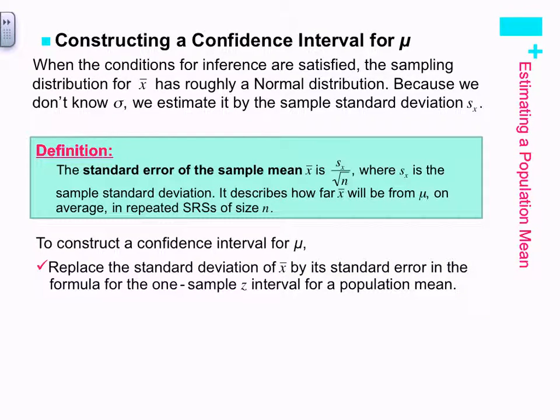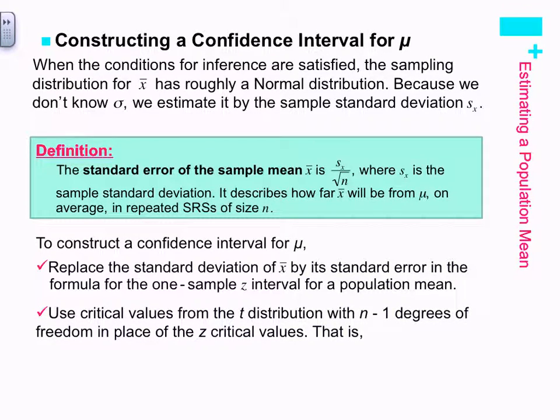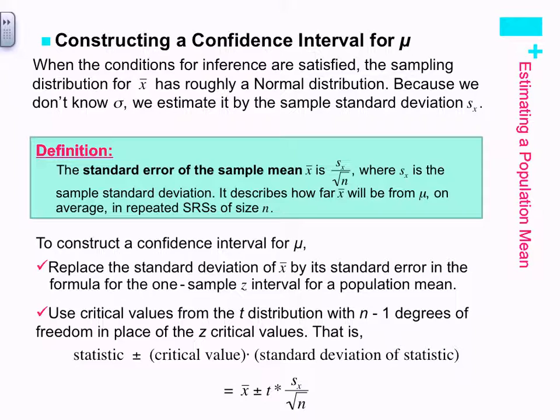So much of this you can already figure out. We're going to use critical values from the t distribution with n minus 1 degrees of freedom instead of the z critical value. The other idea is that it's a standard error instead of the standard deviation. As a formula, what to put in here is different from when we did our proportions.